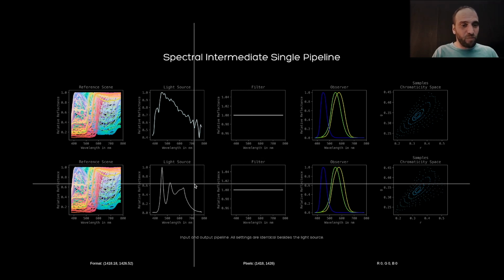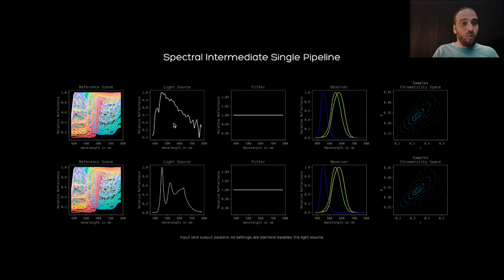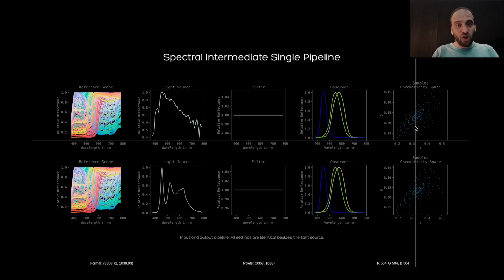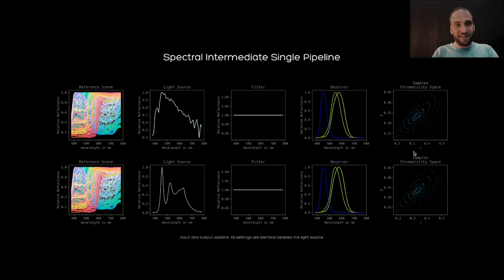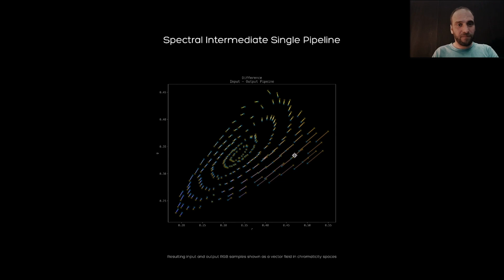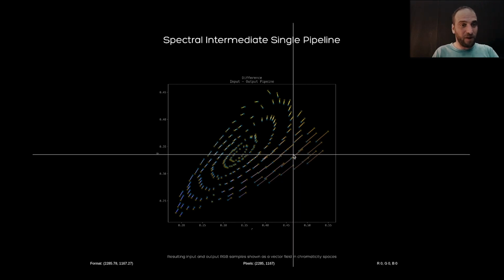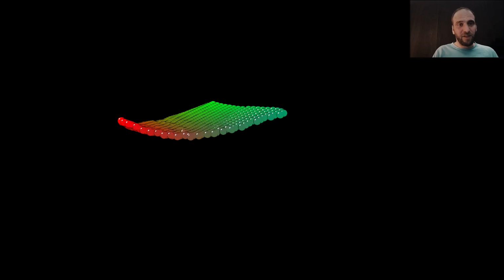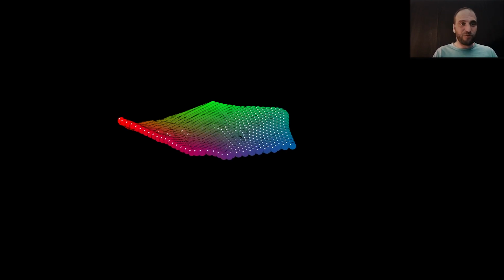Now, if we modify a single property in one of the two pipelines, then we get two different sets of RGB tuples. And that difference is what this is all about. We will use these two sets of RGB samples to generate our nonlinear spectral transformation.